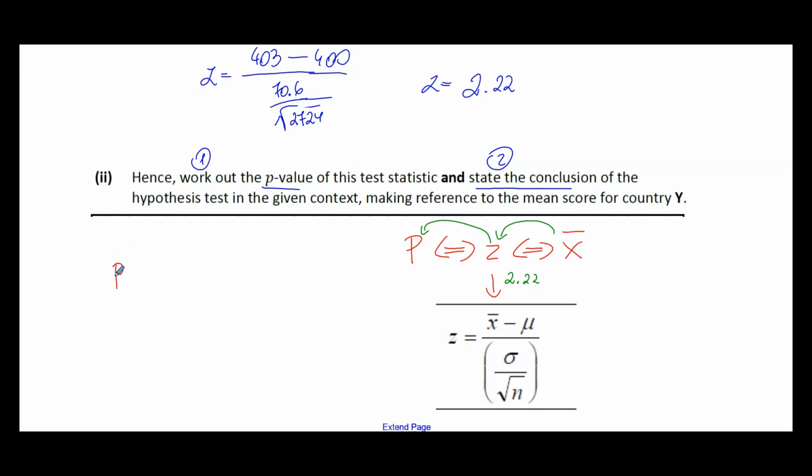So to find the p-value, what we do is from 1, we take the probability that we read from the table, and then we multiply by 2, because the p-value is that little value at the end. It's the little tail. That's the reason why we are multiplying by 2.